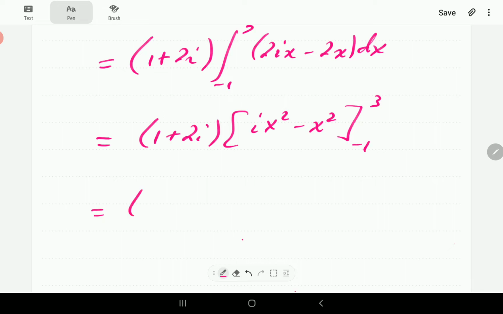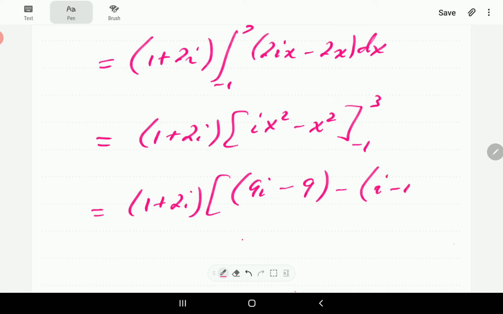If we plug in 3, it's going to be 1 plus 2i. If we plug in 3, this is going to be 9i minus 9. Then take away, plug in -1, going to be i minus 1.